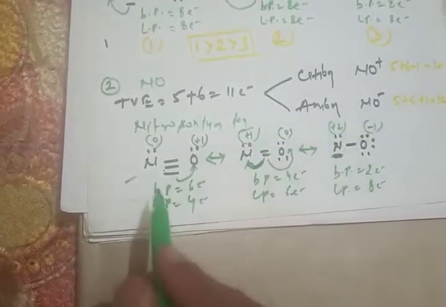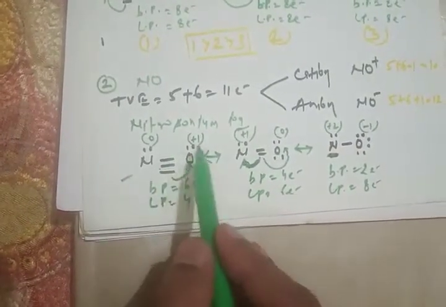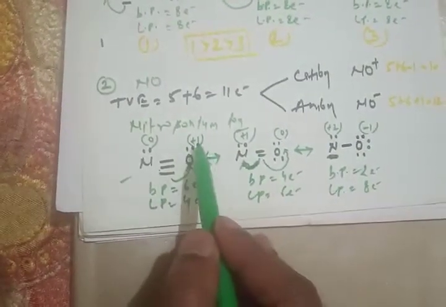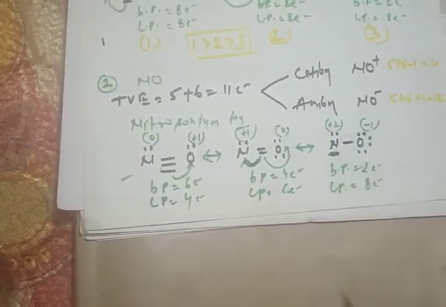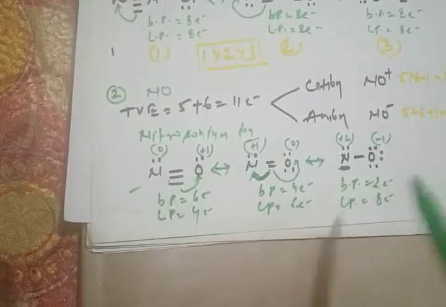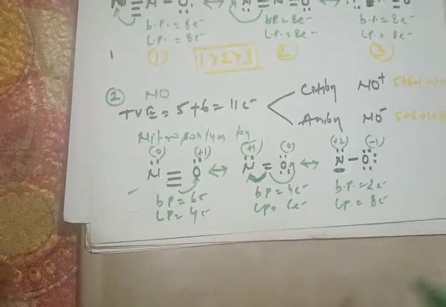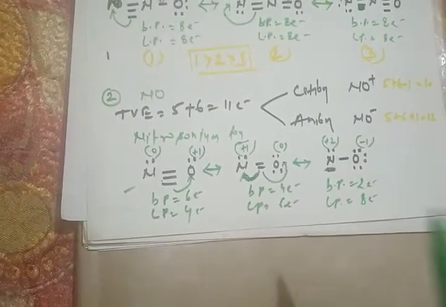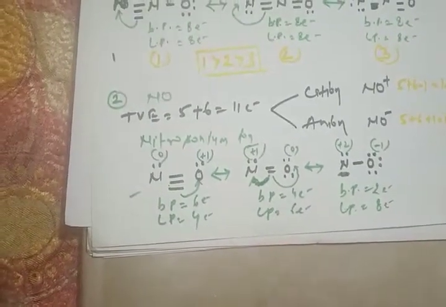So all cases will give you plus 1 charge: plus 1 here, plus 1 here, and plus 1 here also, plus 2 minus 1 equals plus 1. So this is how the NO plus structure we can draw, okay, with the 10 electron system. Similarly you can go for the NO minus.